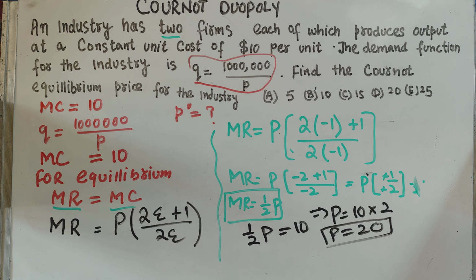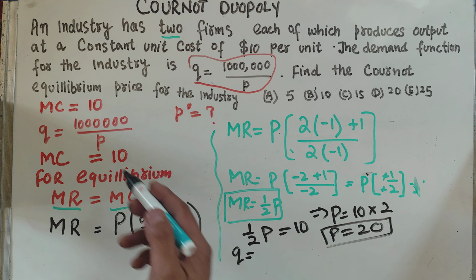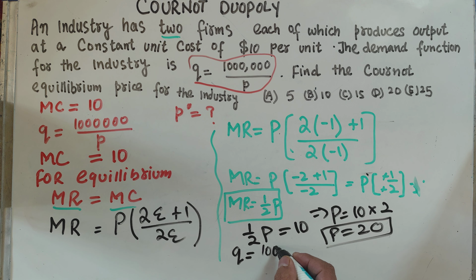Now, what is the output produced by each firm? The total quantity produced in the market will be equal to 1 million divided by the market price of 20. This gives us 100,000 upon 2, which comes out to be 50,000.